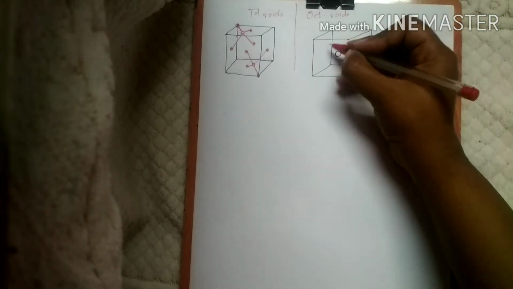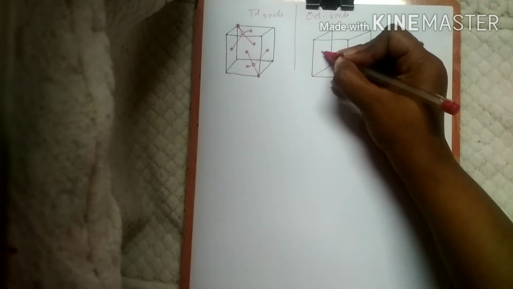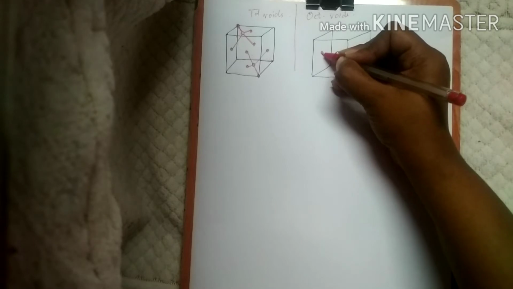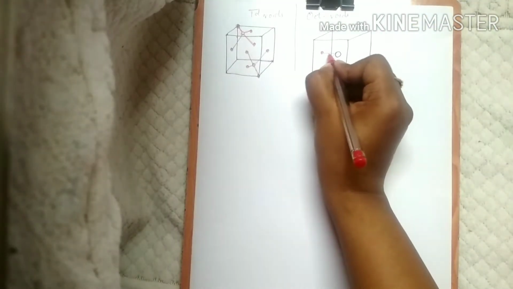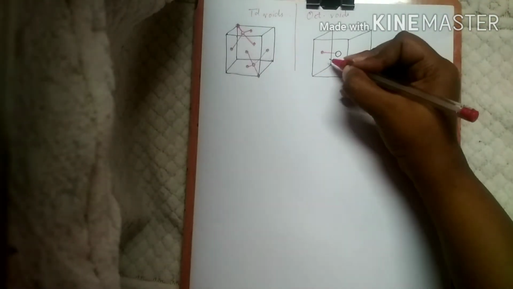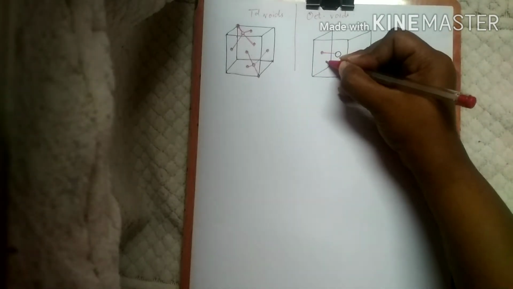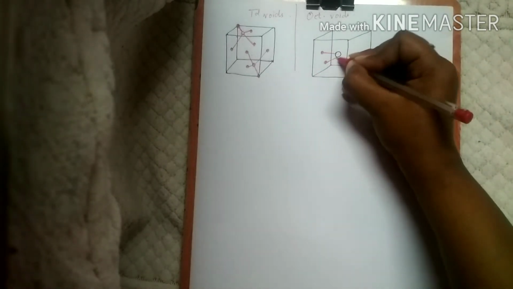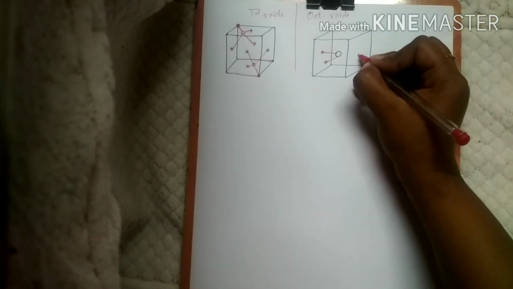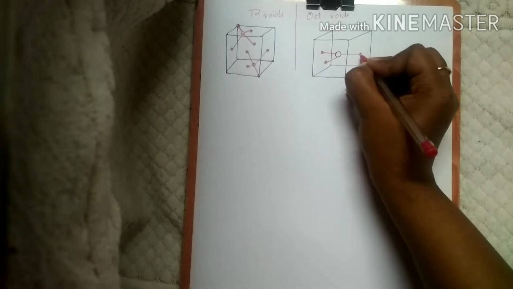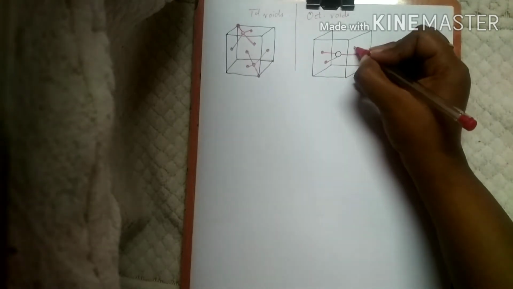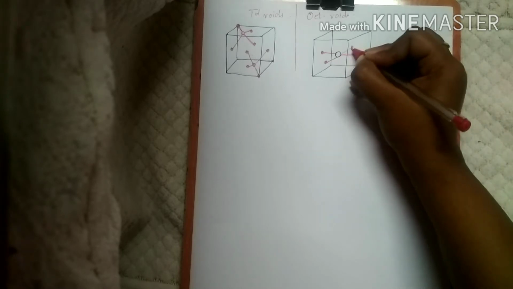First will be the atom which is present at the face center of this left face. Okay. Second will be the atom which is present at the face center of this front face. Third will be the atom at the face center of this right face. Fourth will be the atom at the face center of this back face. These are 4.